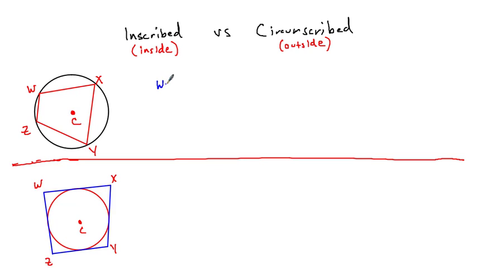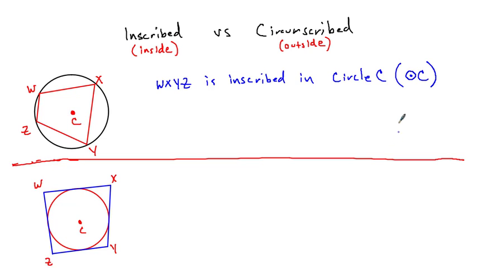And we will say that WXYZ is inscribed in circle C. Or you might see it written like this. A circle with a dot in the center and a C like that. So whichever way you want to write it, you'll see it both ways, but that's just how we say circle C.